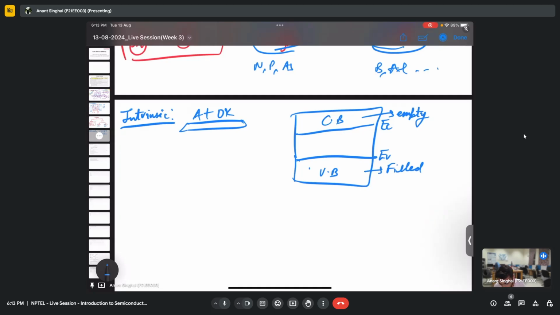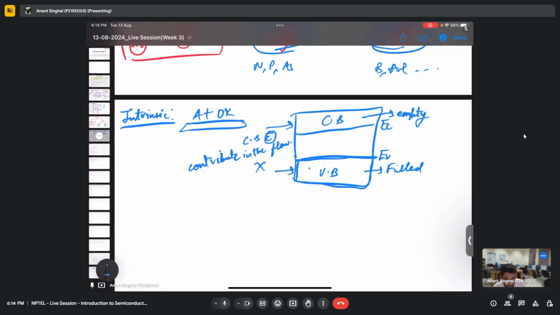They are not capable of taking energy from the applied electric field, because first of all there are no empty states in the valence band, so there is no motion in the valence band itself. The electrons cannot move, so there is no flow of electrons in the valence band. If there were any electron in the conduction band, it would be capable of taking energy from the applied electric field. The whole point is that only the conduction band electrons contribute to the current flow.